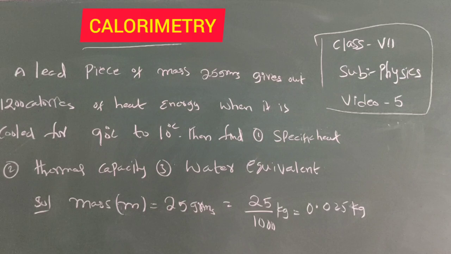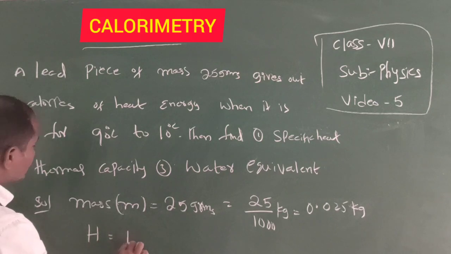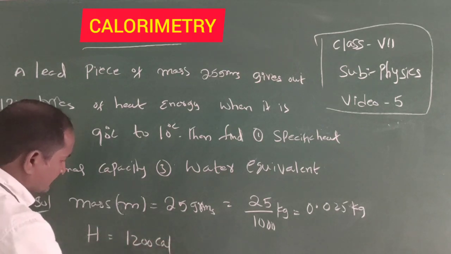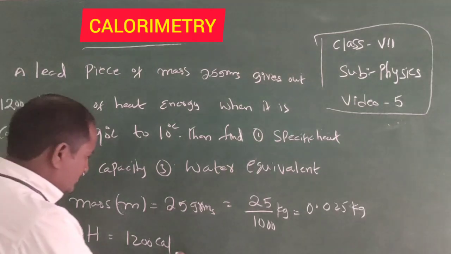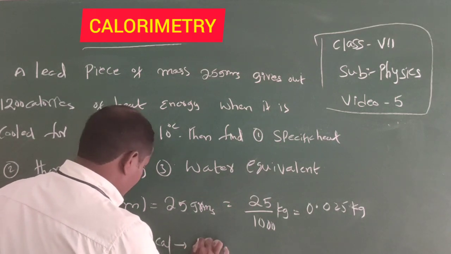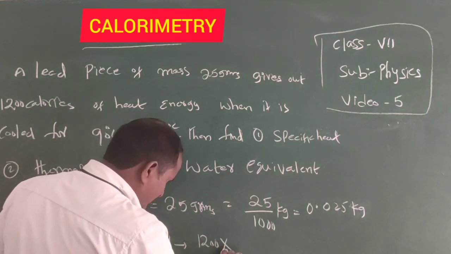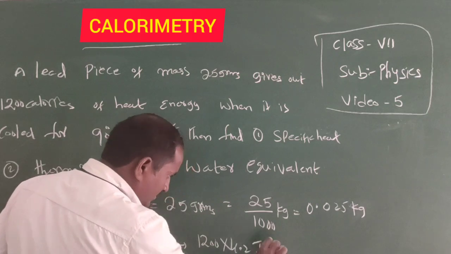The heat energy H is given, 1200 calories. This value is converted into joules: 1 calorie equals 4.2 joules, so H equals 1200 into 4.2 joules.